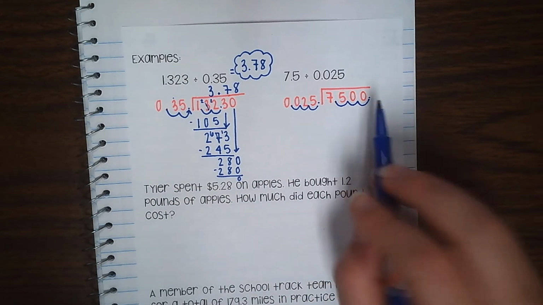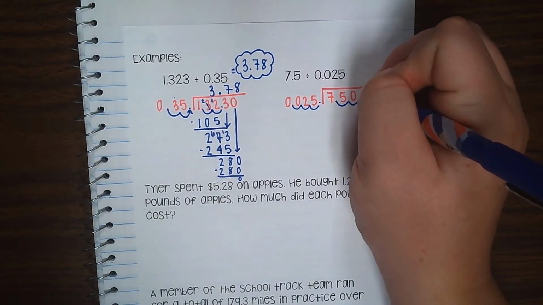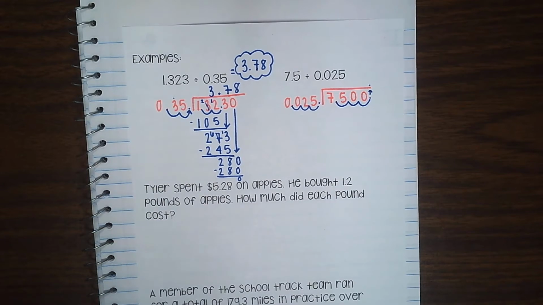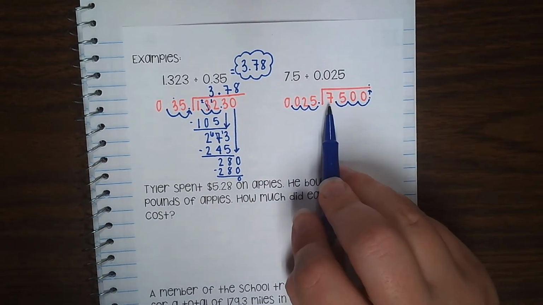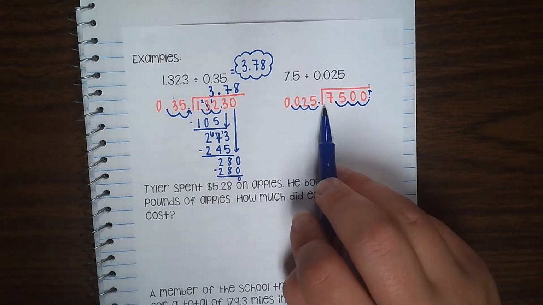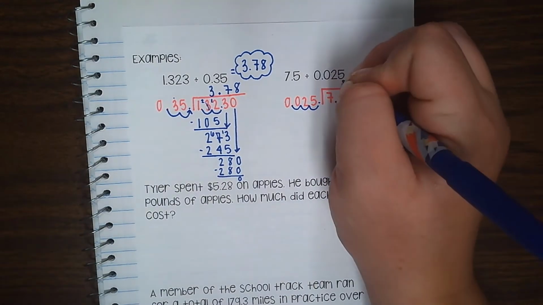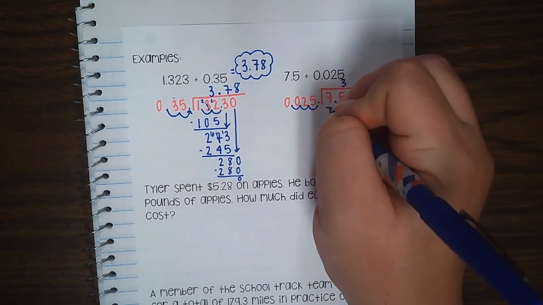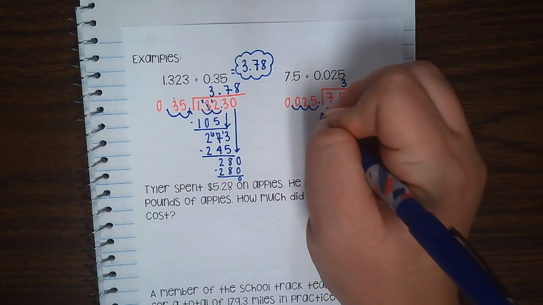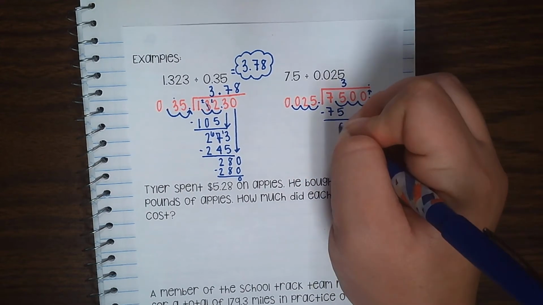Now, take your decimal straight up. 25 goes into 7 0 times, goes into 75 3 times. 3 times 25 is 75. Subtract that, we get 0.